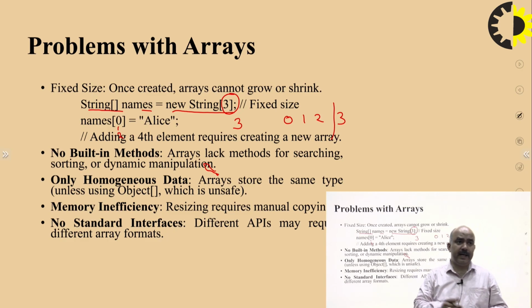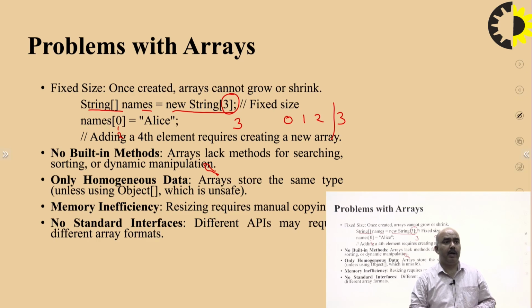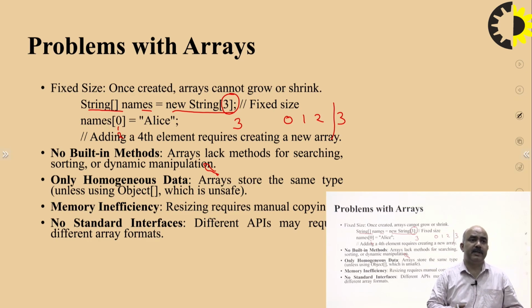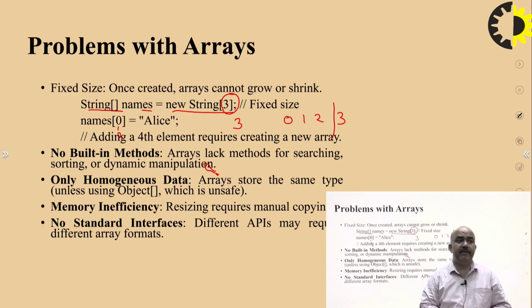Another thing is that there are no inbuilt methods in array. Array lacks methods for searching, sorting, and dynamic manipulation. That is one of the issues. Another is that they hold homogeneous data.